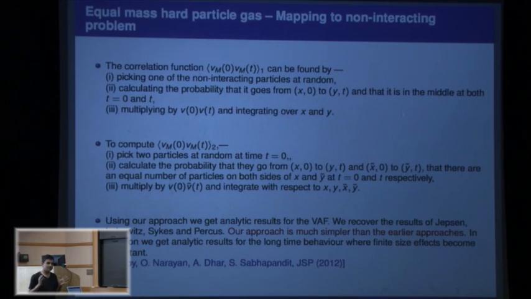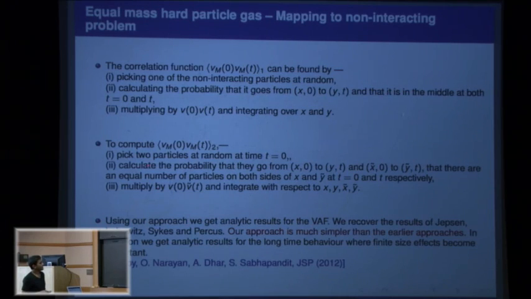Okay, so this is just the single particle propagator of a particle confined in a box, for which one can write a formula exactly, and then I multiply this by v0 vt, and then integrate over all possible x and y. Okay, so this gives me this correlation function, and similarly I can compute the contribution coming from the case where another particle becomes the middle particle.